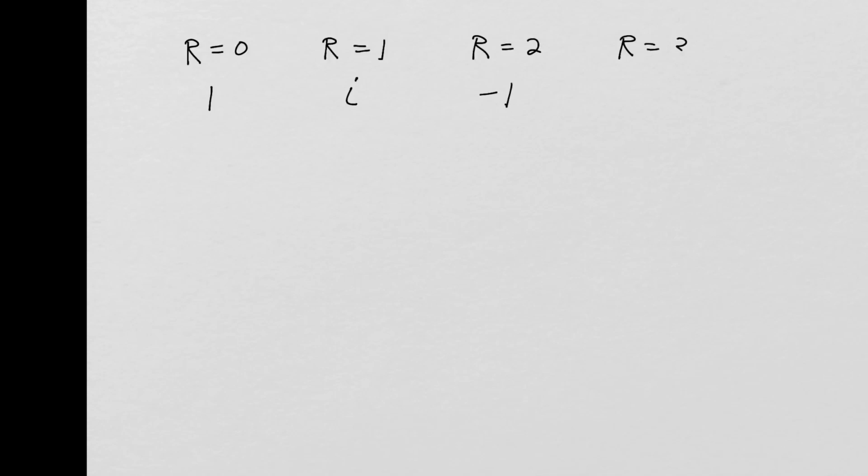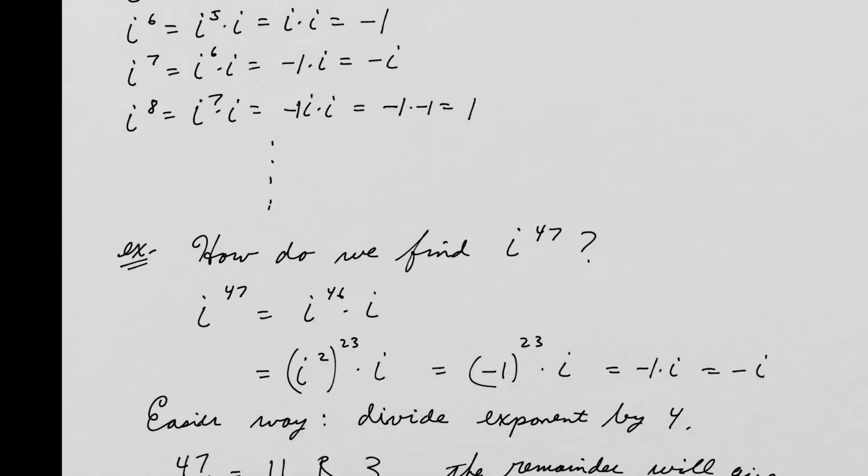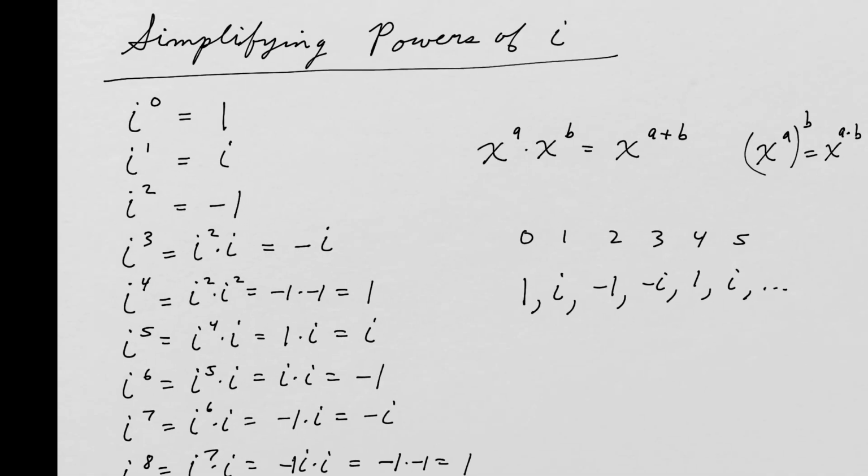If the remainder is 3, it's going to simplify to -i. Can you guys see where that comes from, right? It comes from, if you look at the first 4 that we did. So think of the first 4 exponents, 0, 1, 2, 3, right? If the remainder is a 0, it's a 1. If it's a 1, it's an i. If it's 2, it's -1. If it's 3, it's -i. So, and then because it repeats, that will always be the case. You just have to look at the remainder.